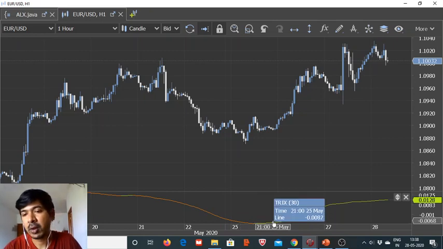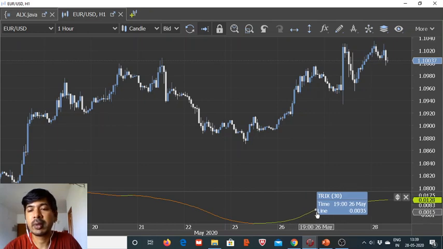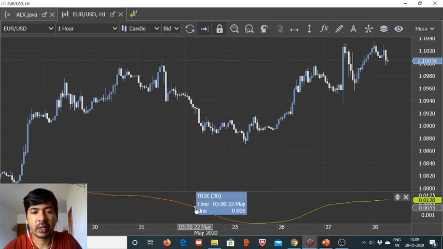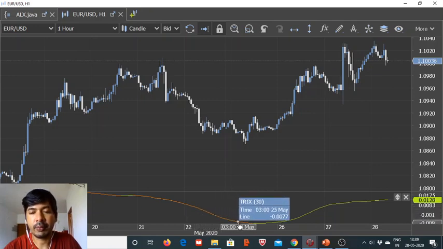Rather, when the momentum picks up and the TRIX value crosses above zero, and as long as it keeps rising, we will be looking for the buy trade utilizing the 5 minutes chart, and for the sell trade, whenever the TRIX value falls below zero and keeps falling below that, we will be looking for the sell trade with the help of the 5 minutes chart.